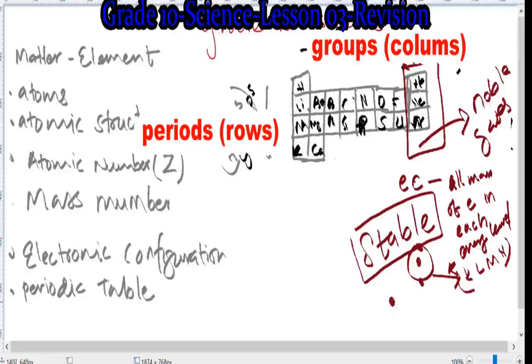Likewise, neon will have 2 in K and 8 in L. Though this has 2 energy levels, 1 more than helium, it still has its maximum number of electrons in its energy levels.